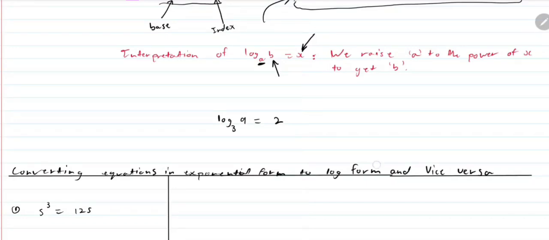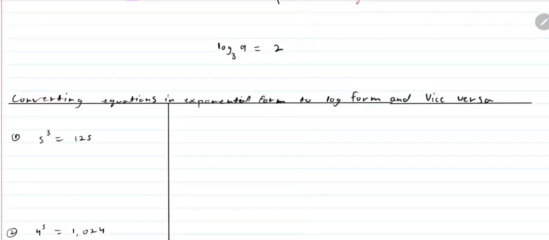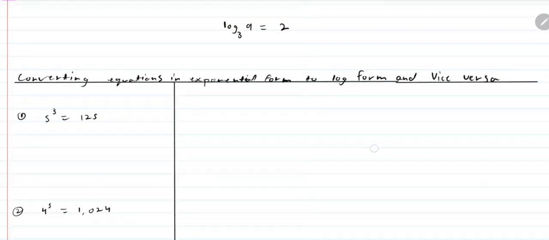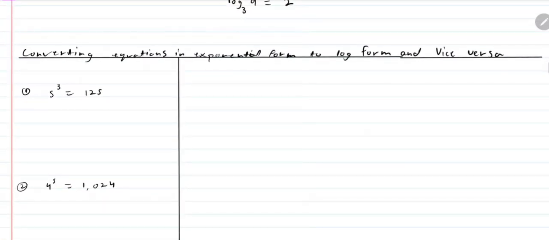Alright. Let's talk about converting equations in exponential form to log form and vice versa. Because that's going to be a big thing with logarithms, right? Interpreting them and knowing how to convert from one form to the other. Now the first example, we have 5 raised to the power of 3 is equal to 125.